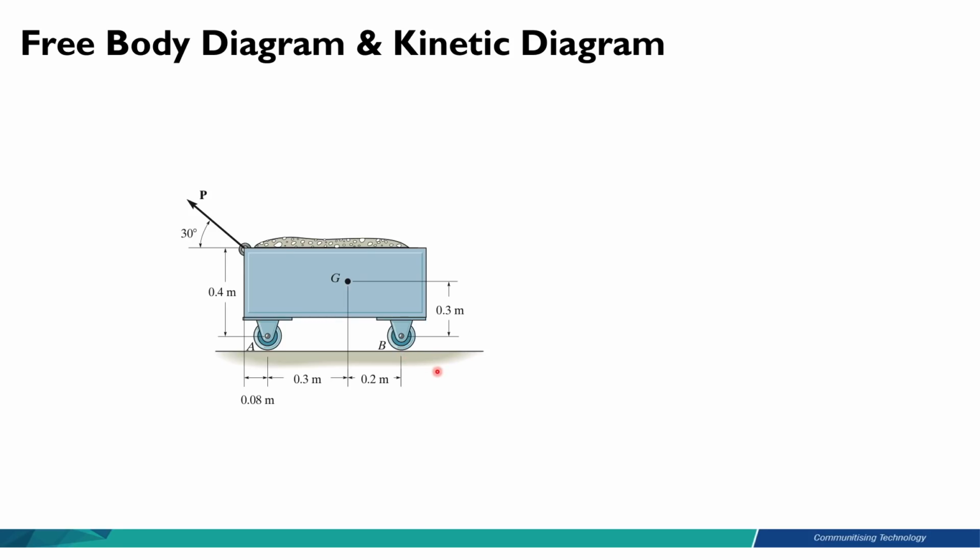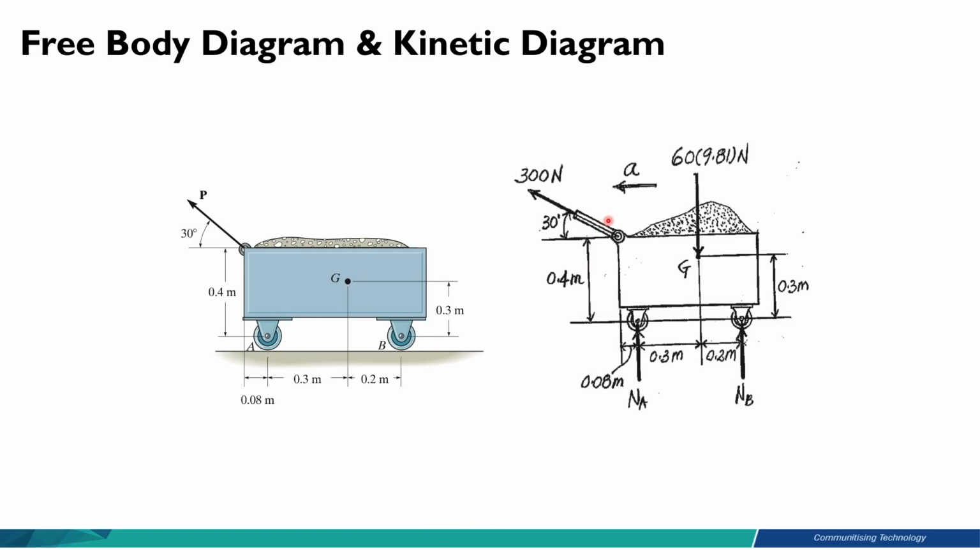So in this case, when we draw the free body diagram, we draw the weight pointing at the center of gravity. So we have 60, this is the mass of the trolley here, multiplied with G, 9.81, and we have two wheels at point A and B. Therefore, we have the normal force at point A and also normal force at point B. And we have this towing force P of 300 Newton in this direction.